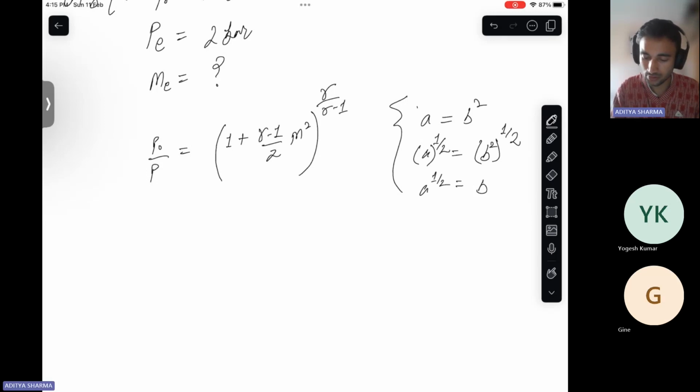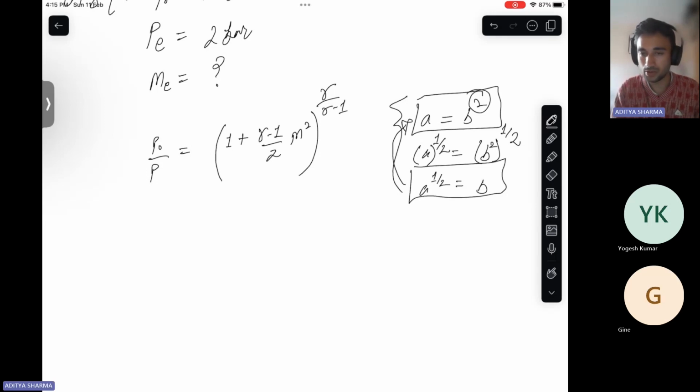These two things are the same. I had the exponent 2 and I wanted it to be 1, so I did this operation of 1 by 2 on both sides, and this is how I got b. The same thing I'll do here.